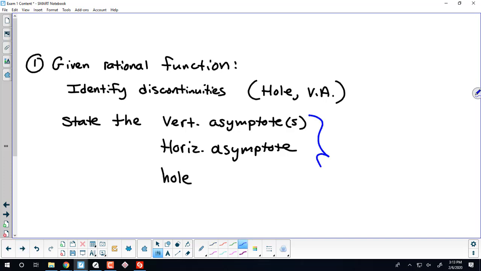With all three of these, you should be able to justify or show your work and how you know where the hole, the horizontal, and the vertical asymptotes are by using limits.